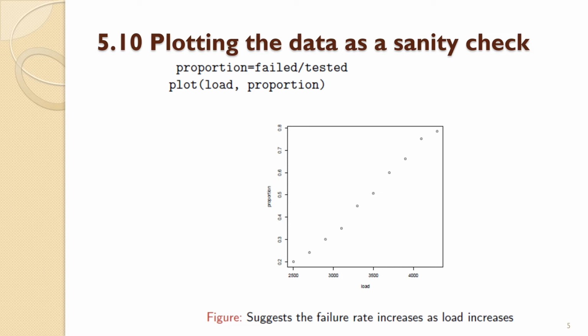Okay, and this is a sanity check because it just checks that we've got everything the right way around. So it's natural to expect that as the load increases, the probability of failure will increase, and not only have we got that the right way around, all the models that we fitted here, the linear probability model, the logit model and the probit model, all return this common sense interpretation.